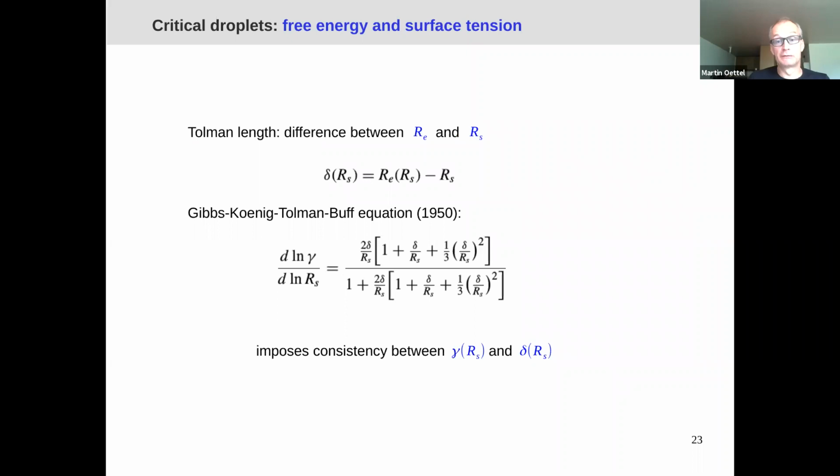Old work from the 1950s imposes a consistent relation between the radius dependent surface tension and the radius dependent difference between the equimolar radius and the surface of tension radius. This difference is usually called the Tolman length, and it's quite an interesting quantity.